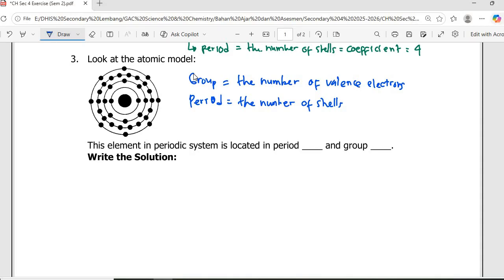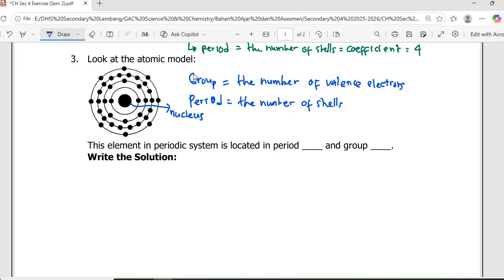So the first thing that you have to do is know about the structure of the atom. Do you still remember the structure of the atom? Okay, let's review it. In the center of the atom, in the atomic model, there is a big circle. The big circle is called the nucleus, or the center of the atom.